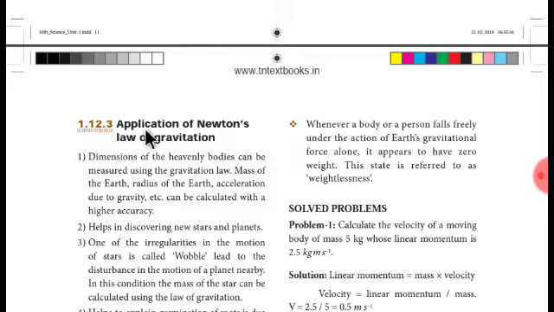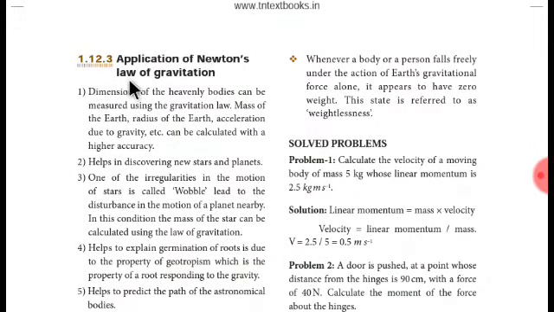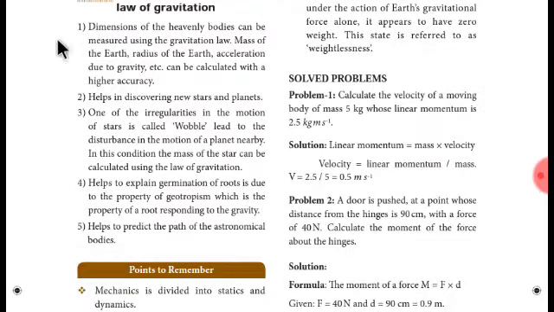Okay, now the last topic of this lesson, application of Newton's law of gravitation. Very simple, you must mug this up. There is no way. Dimensions of the heavenly bodies can be measured using the gravitation law. So what is the gravitation law? Gravitational force is equal to capital G into m1 into m2 by the distance between them, the whole squared. This is that law.